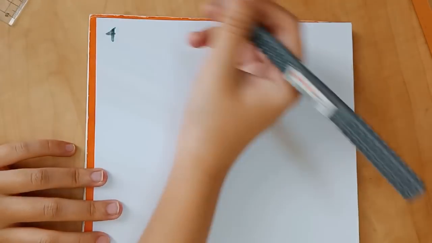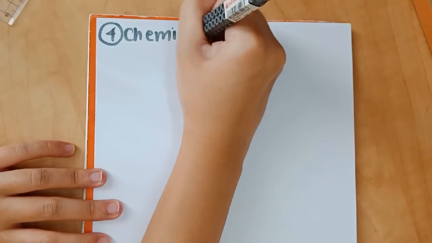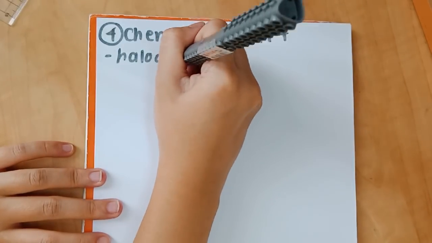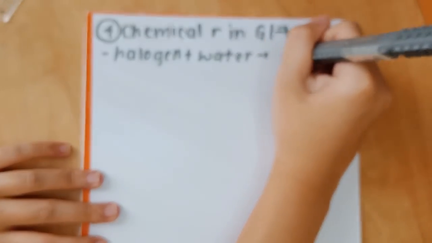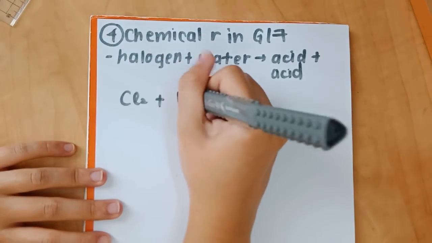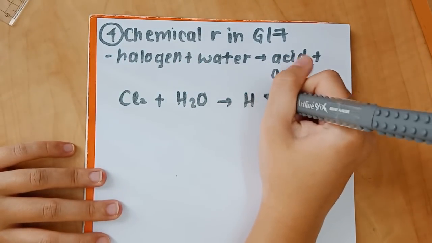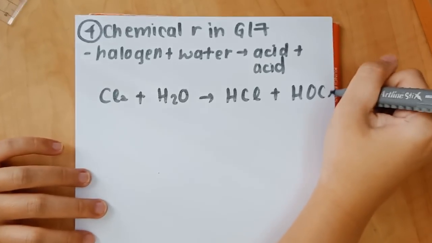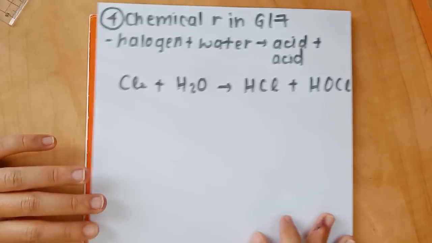The fourth thing that you need to know in order to balance chemical equations is the chemical reactions in group 17. So in group 17, when a halogen is added to water, 2 acids will be produced, but there are different kinds of acid. So the example that I use here is Cl2 and H2O, and it will produce HCl and HOCl.